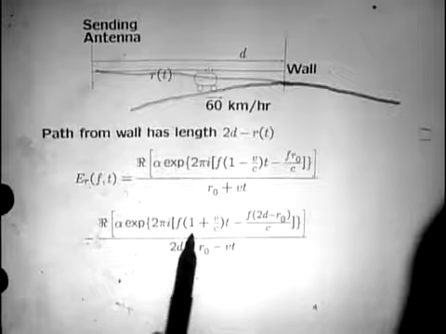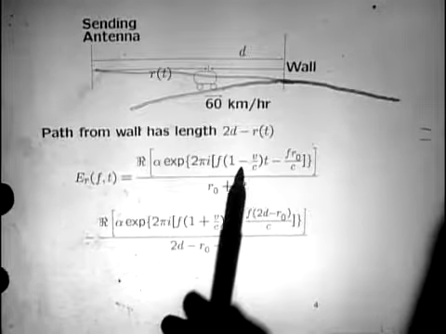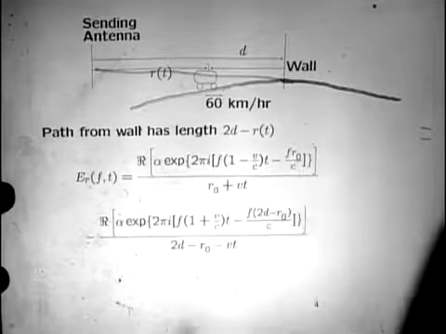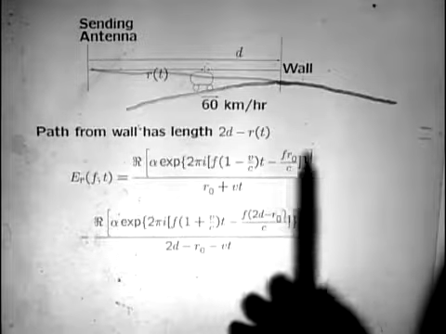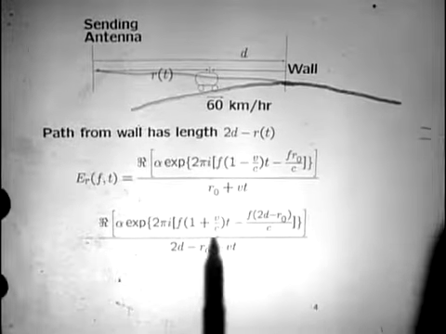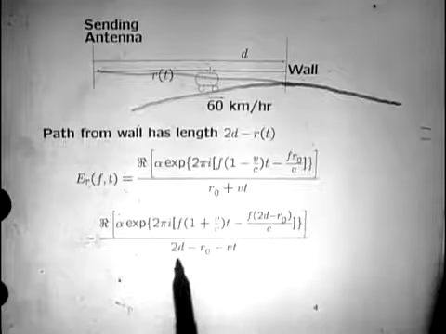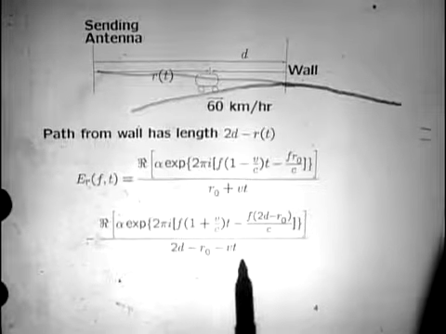Okay, so here we have a positive Doppler shift, here we have a negative Doppler shift, and we have these junk terms in both places. One is f r0 over c, one is (2d minus r0) f over c. Here we have r0 plus vt, here we have 2d minus r0 minus vt.